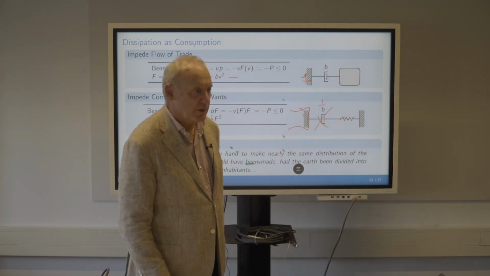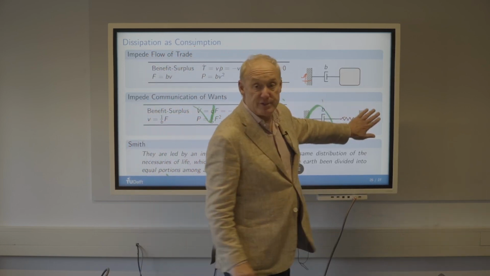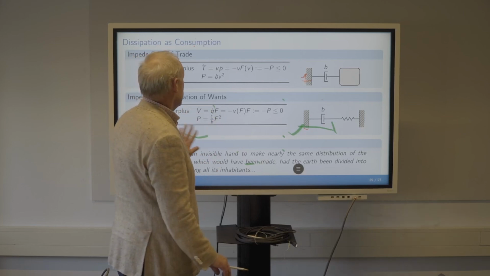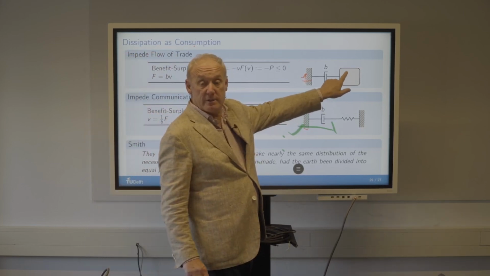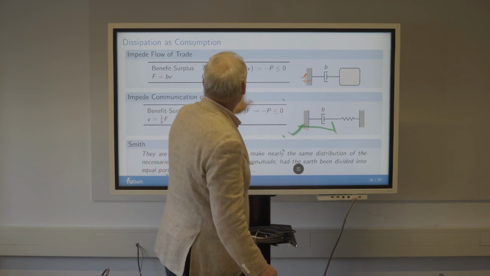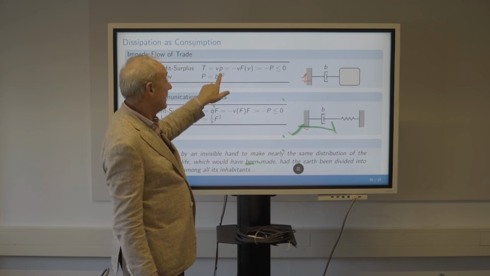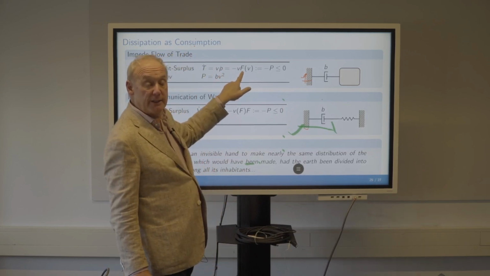Now let's work through it. As always, we use the benefit surplus principle, the work energy principle. So I start with the surplus now from the demander. I write it, of course, like this, the rate at which it's being allocated. Now I know that this is equal to the friction force.